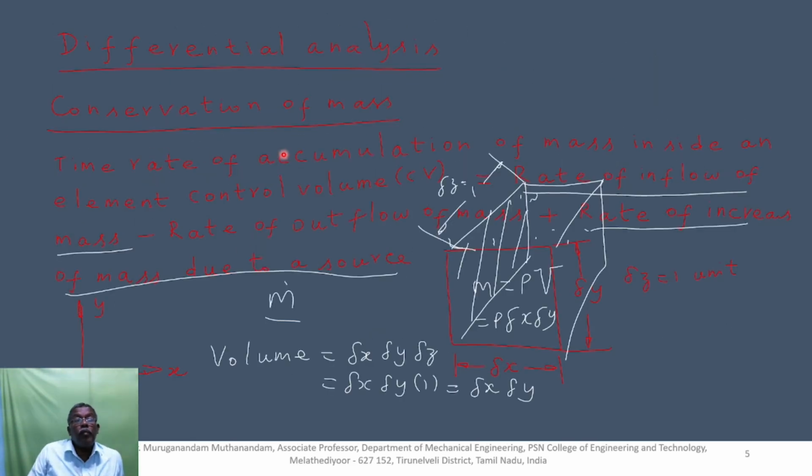The time rate of accumulation of mass inside an elemental control volume is equal to, first, the rate of inflow of mass. What is the rate of inflow of mass inside this control volume? That is given by m dot x, since it is in the x direction, and m dot y, which is in the y direction.